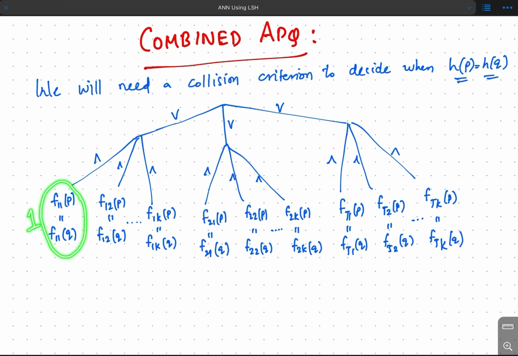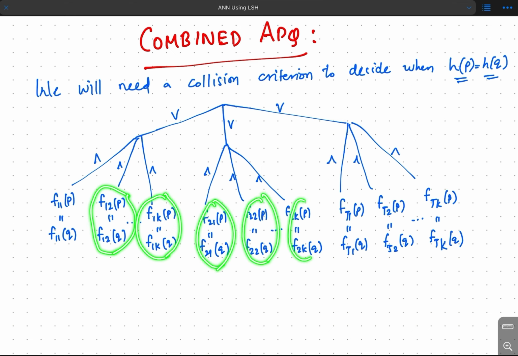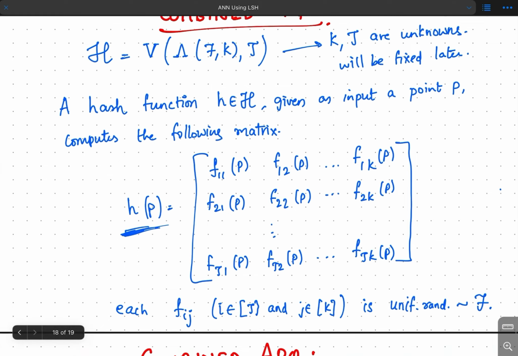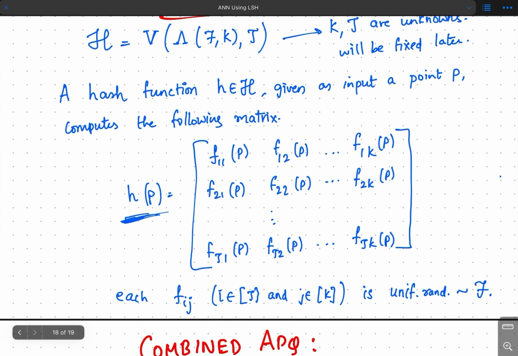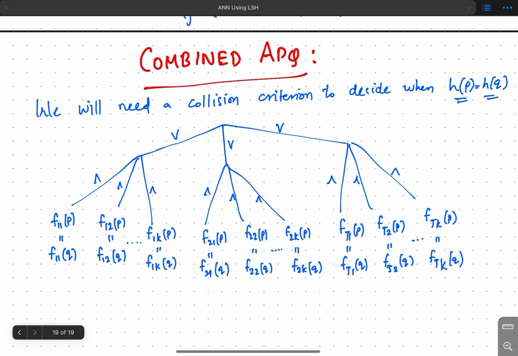If that's true, we put a value 1 here, otherwise we put a value 0 there. Same way we evaluate all these values. So basically we compute this matrix for both p and q, and on these edges, so these are k edges in total, we have this AND symbol, which means that this node will evaluate to the AND of all these. So this will evaluate to 1 only if all of these evaluate to 1.